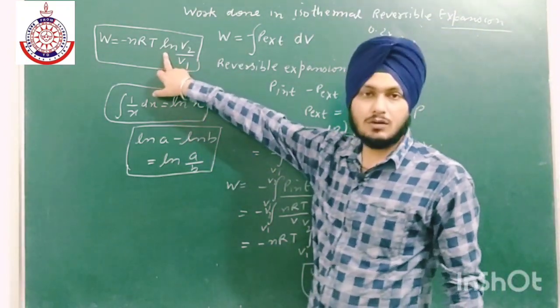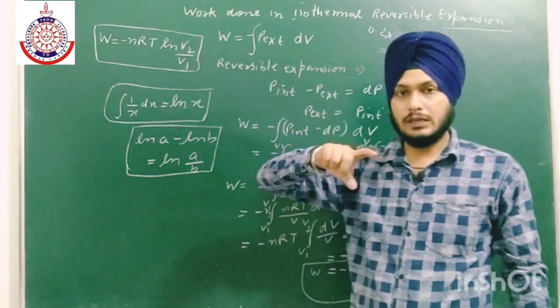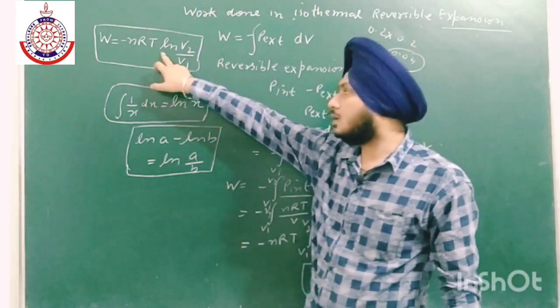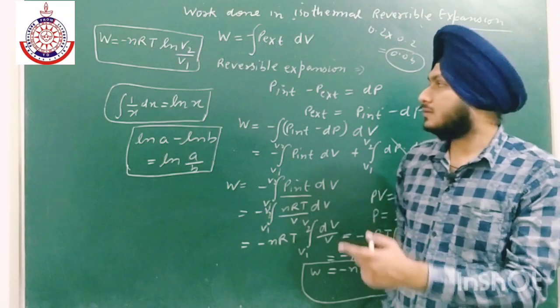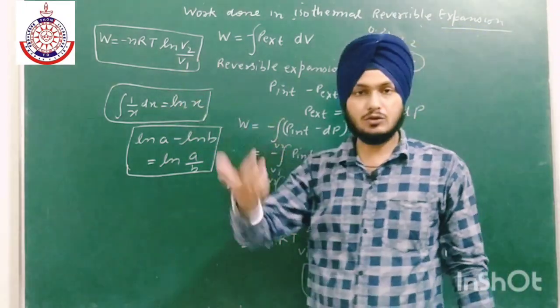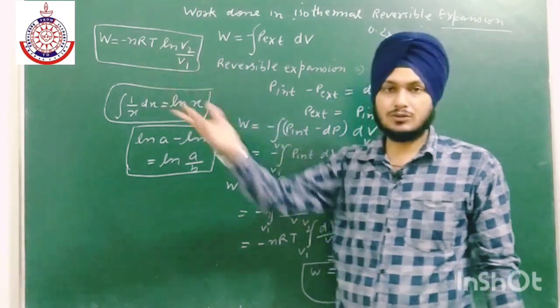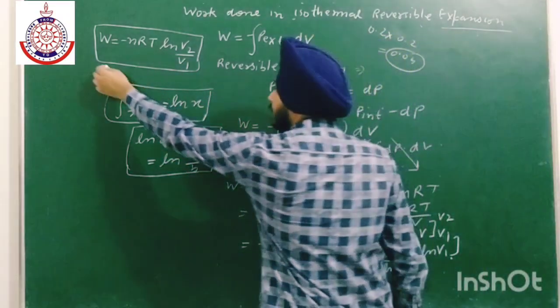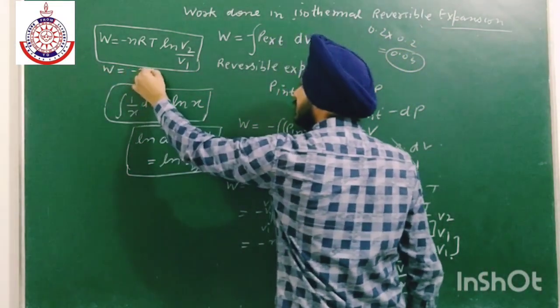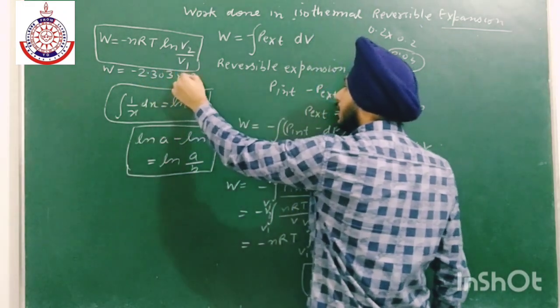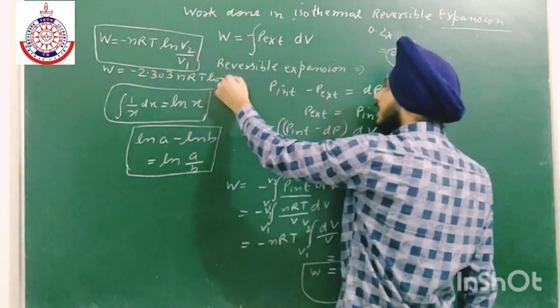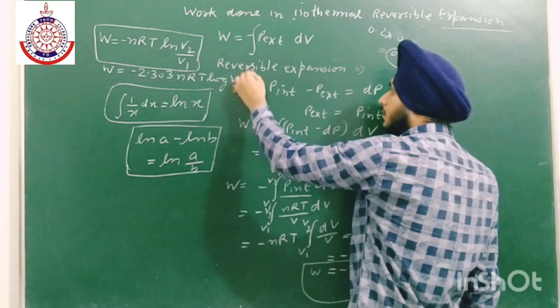One is the natural log, whose base is e, and the other is the log with base 10, and we have to just multiply with 2.303 in order to change the natural log base e to log base 10. So from here we will get W is equal to minus 2.303 nRT log V2 by V1. Okay, log V2 by V1.